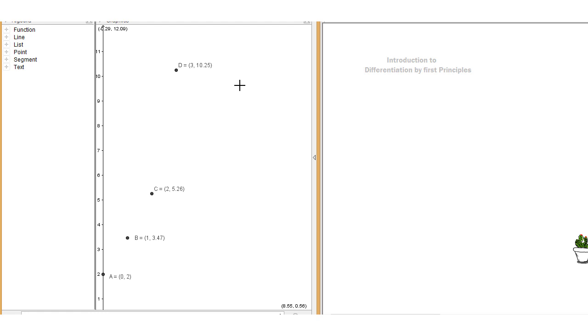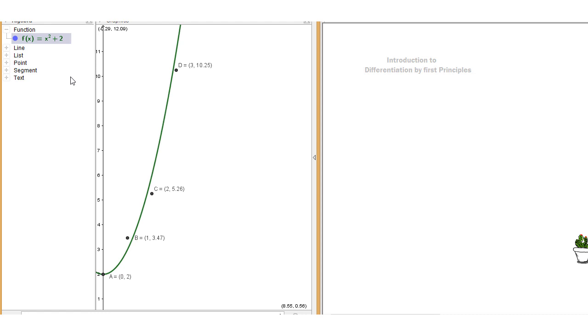But in order for us to be able to work with these points, we're going to have to generate a position versus time graph, right? Which is going to roughly map the car's journey, right? And when we do this, we're basically creating sort of like a line of best fit through our points. And what I saw is that the polynomial that can best map the position of this car is the polynomial f of x equals x squared plus 2, right?